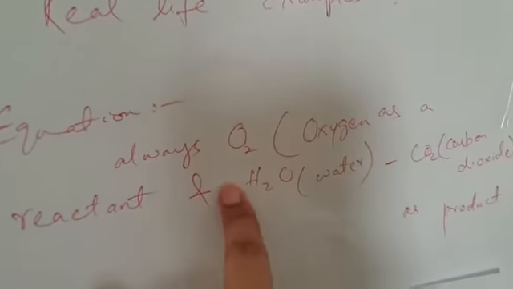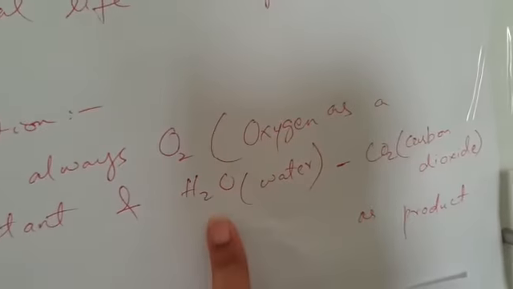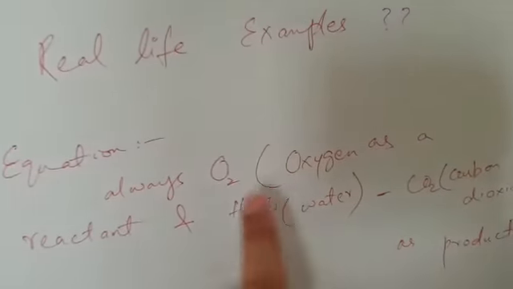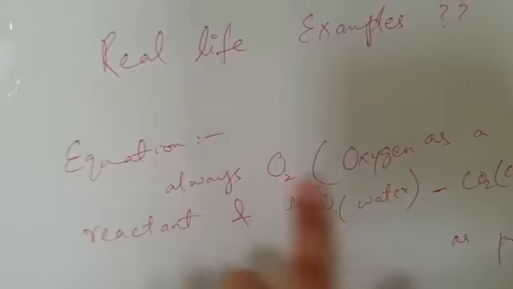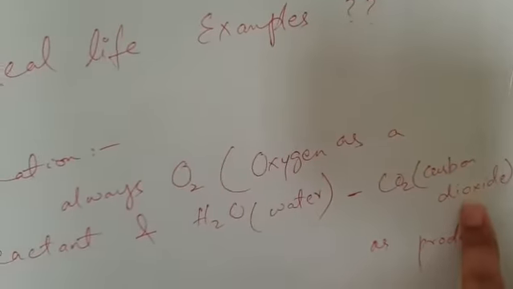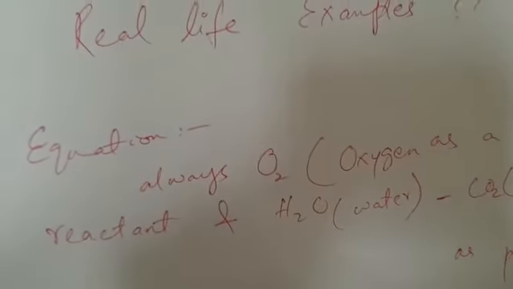If in the reactant side you have oxygen and in the product side you have water and carbon dioxide, this reaction is called combustion. I'm repeating: if on the reactant side you have oxygen and on the other side you have water and carbon dioxide, this reaction is termed as combustion.